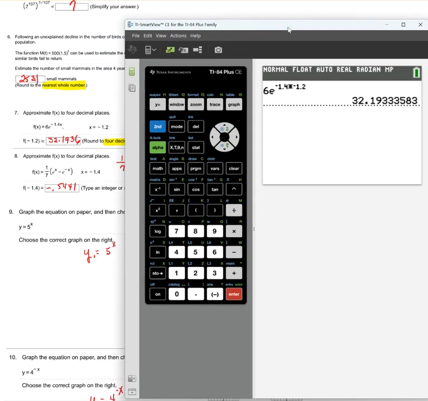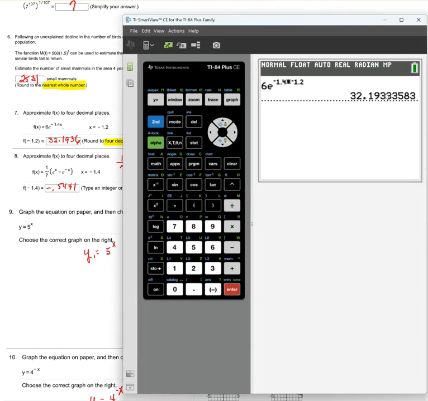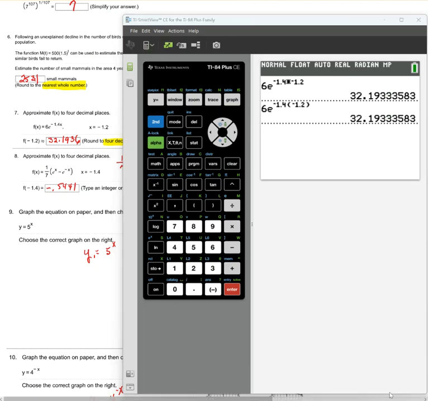I don't know where the 4, oh, so 1, 2, 3, 4. I see 32.933. I don't know if I put something wrong or if that answer's wrong. Let me check that real quick for you. Okay, I did it 2 different times, and I am not sure why I have that there.